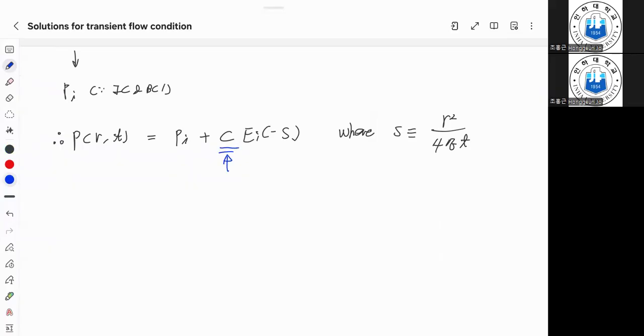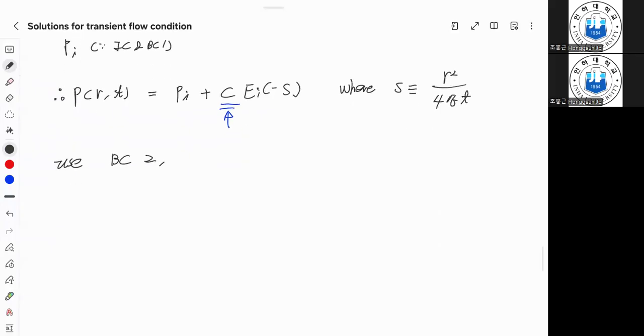For this, we are going to use the second boundary condition, which was the line source assumption. We have this equation, two pi kh. If you don't remember this, then review chapter 4 of the book.